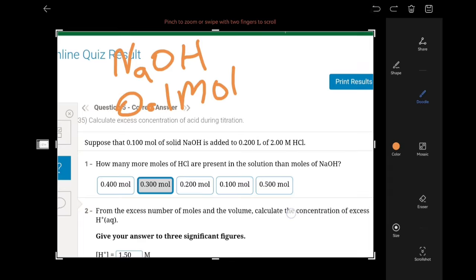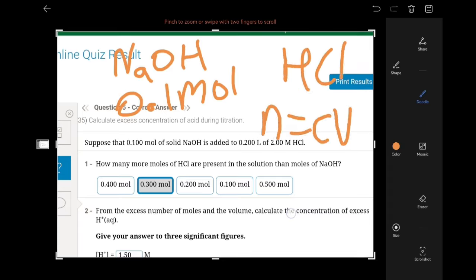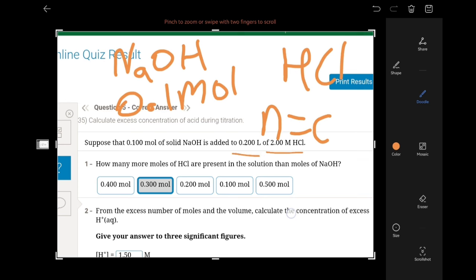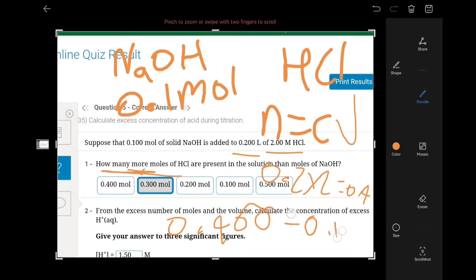And the moles here, we have HCl, n equals CV. C is 2 and V is 0.2. So again, like last time, you just do CV, so 0.2 times 2, you get 0.4. They're not asking how much it is, they're asking how many more moles. So if you do 0.400 minus 0.100, you get 0.300.